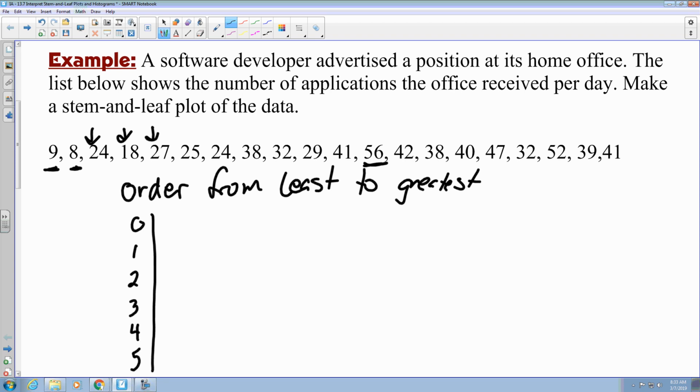4, and 5. So I'm just going to make a list, not putting them in numerical order right away, but this will help me when I want to finish my stem and leaf plot and have my finished product.